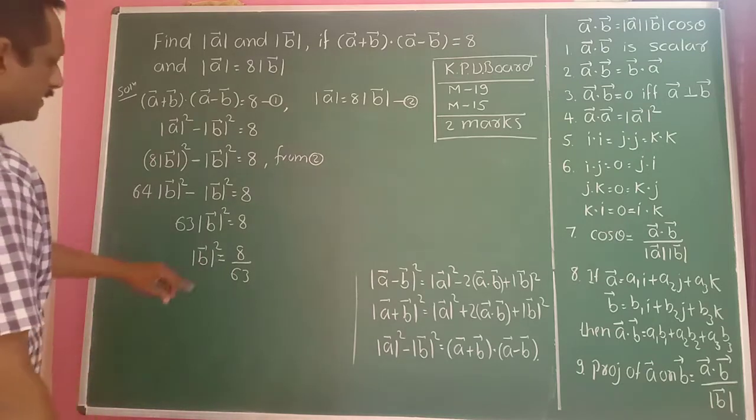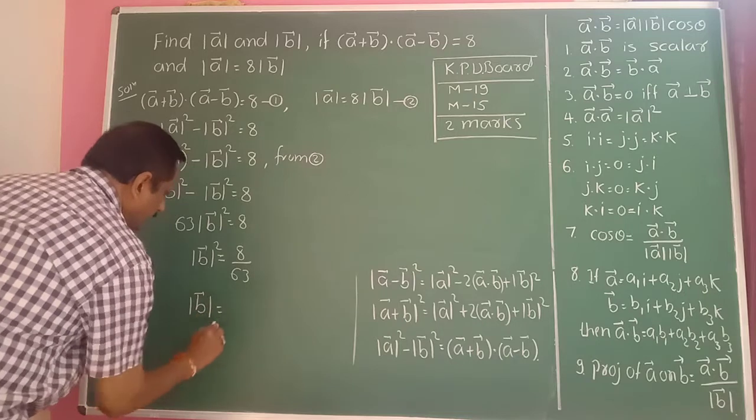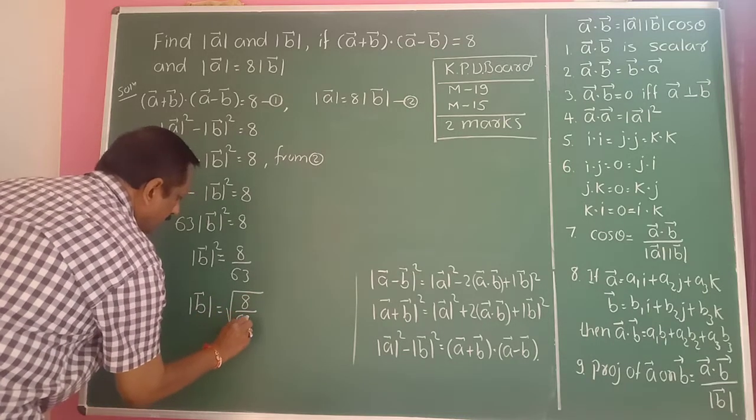Okay, take the square root on the right hand side: modulus of B bar is equal to root of 8 divided by 63.